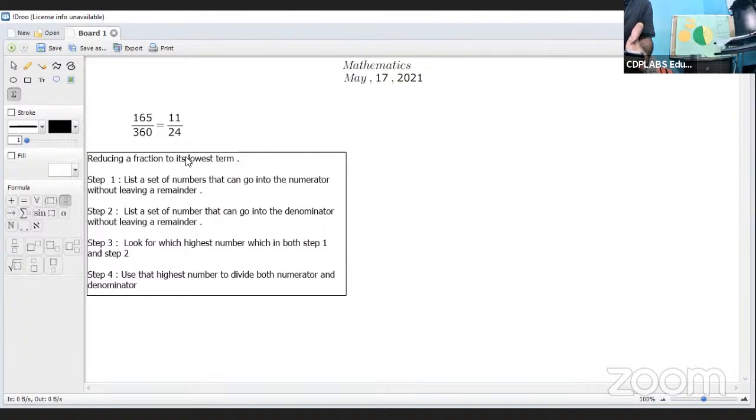6, no. 7, no. 8, no. 9, no. 10 will leave a remainder, so no. 11, yes, 15 times. Can 12 go in there without leaving a remainder?